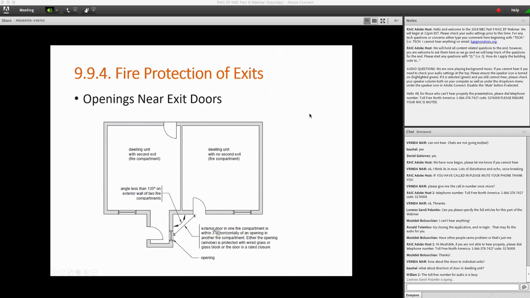So if you have an exterior door in one fire compartment and it's within 3 meters horizontally of an opening in another fire compartment, then you have to protect one of the openings. The protection can either be a closure or a door with a fire protection rating, or you can have wired glass or glass block in the window to prevent exposure issues.